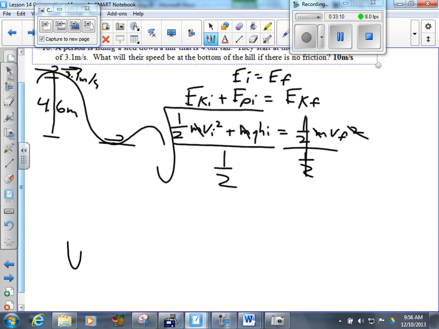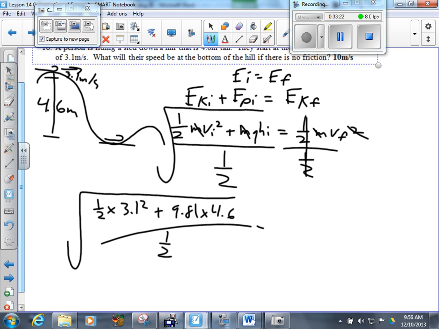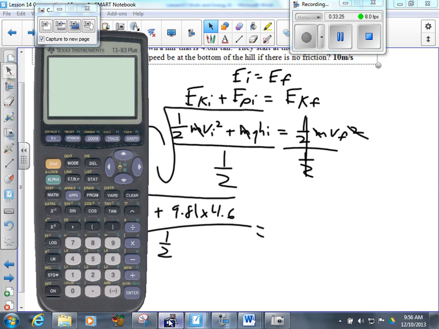When we plug in our numbers, 1/2 times 3.1 squared plus 9.81 times 4.6, over 1/2. 9.99 rounds to 10 meters per second at the bottom of the hill.